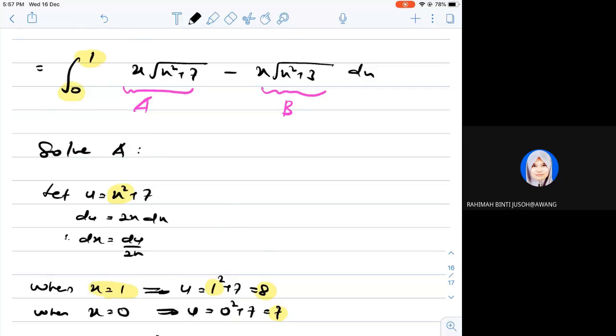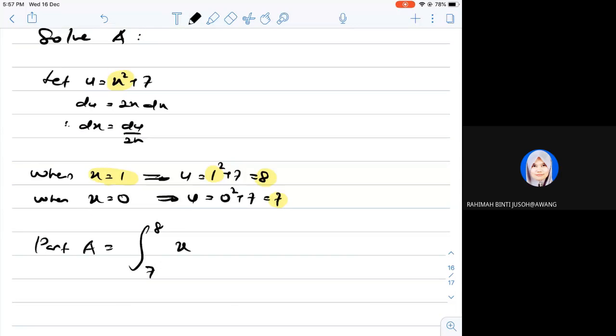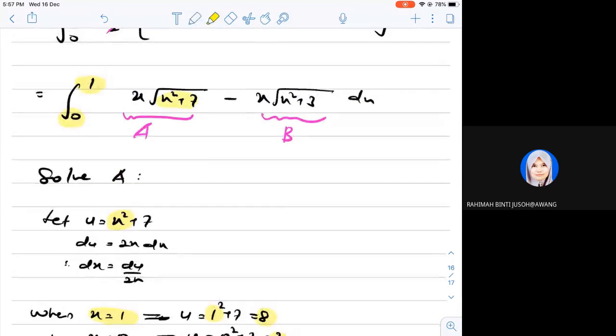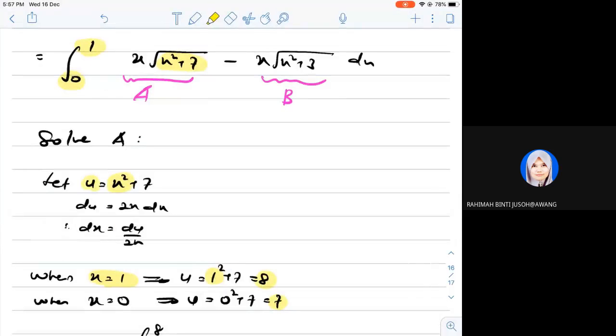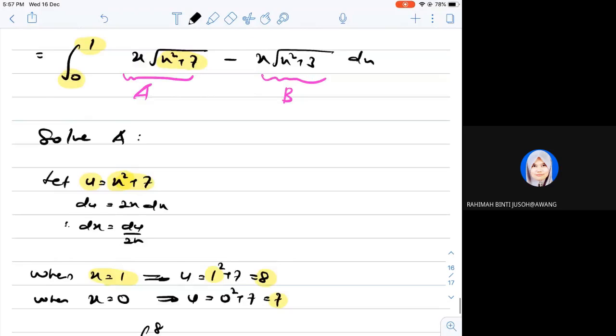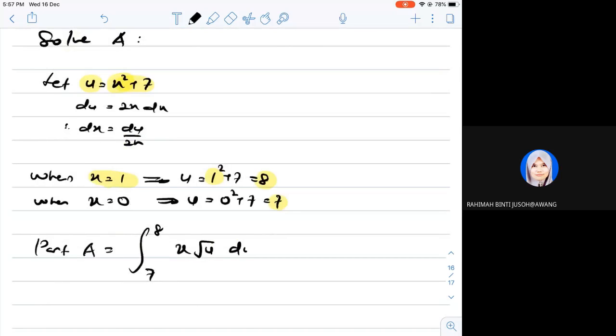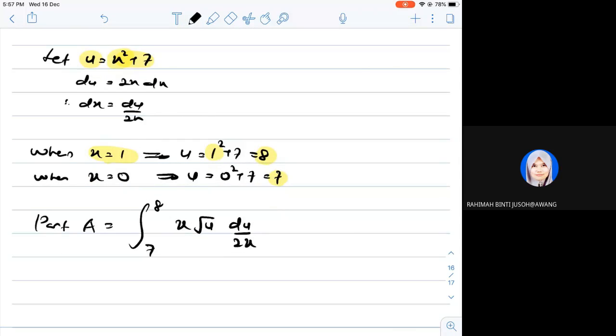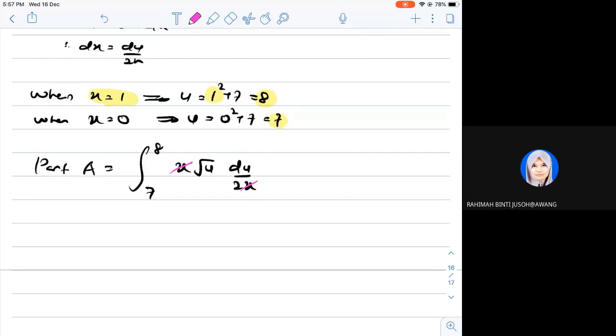Then x is maintained, and the square root of x squared plus 7 is actually your u, so square root of u, du. dx becomes du over 2x. So now this can be cancelled.